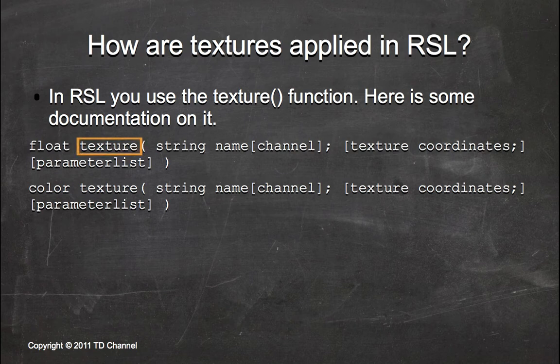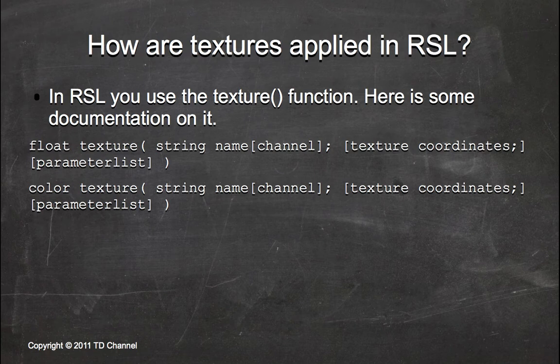Then you have the keyword texture, which is the function that's going to do the lookup. Then you have a string, which is usually the path to where your texture lives. After the string, you can have, between square brackets, the channel where you want the renderer to start doing the lookup, and we'll expand on this a little bit in a second.